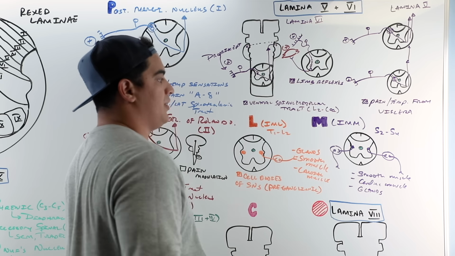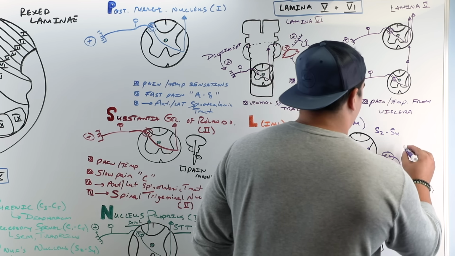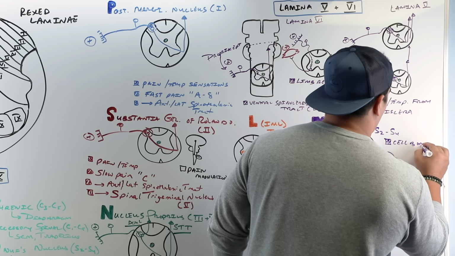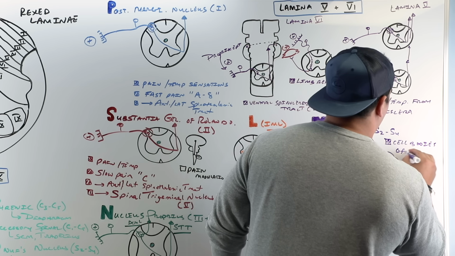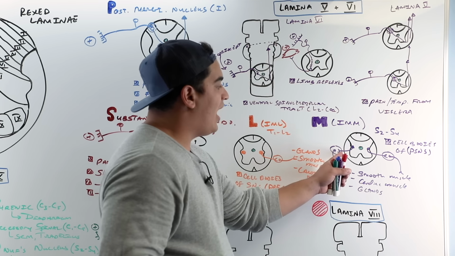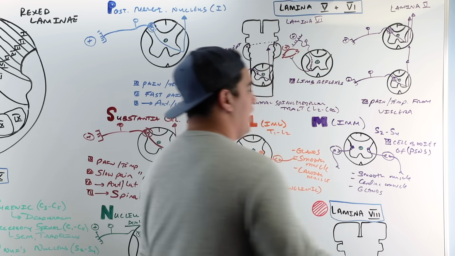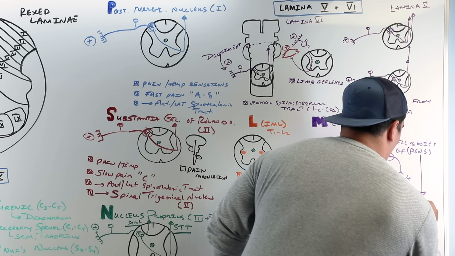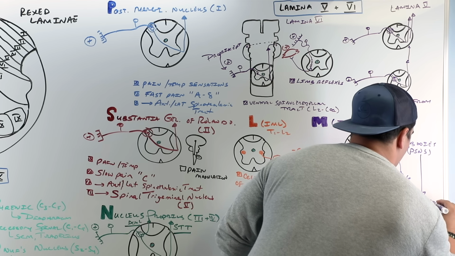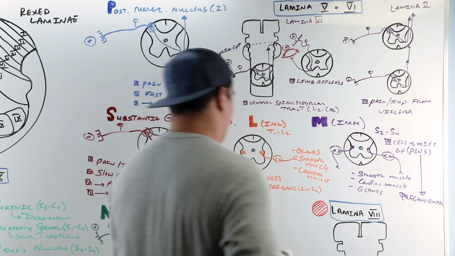What are these structures? These are the cell bodies of the parasympathetic nervous system. Which type? Your preganglionic. So what are these again? These are your preganglionic. Boom, roasted. Move on.